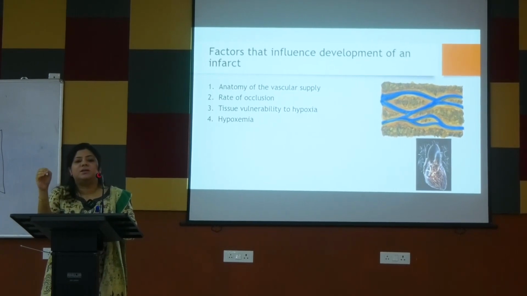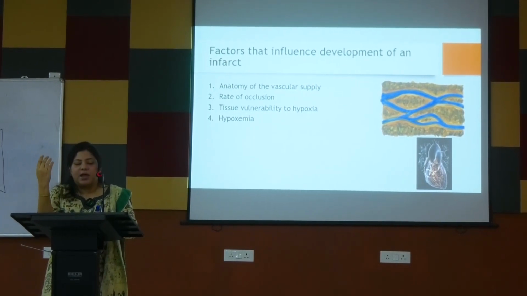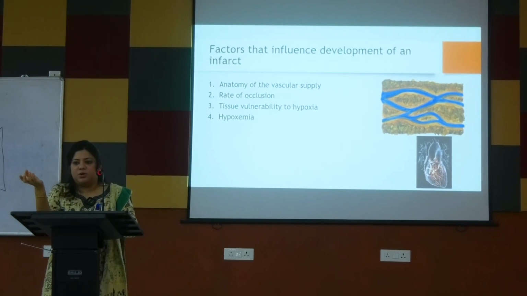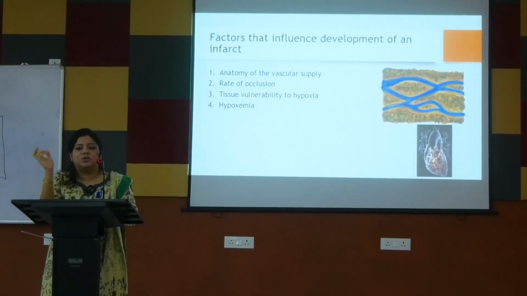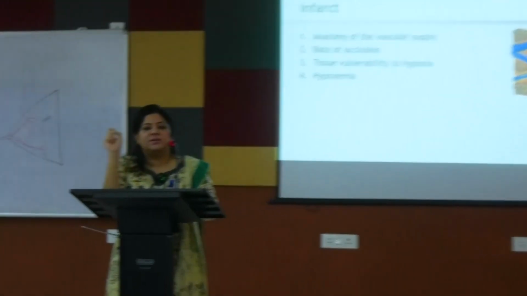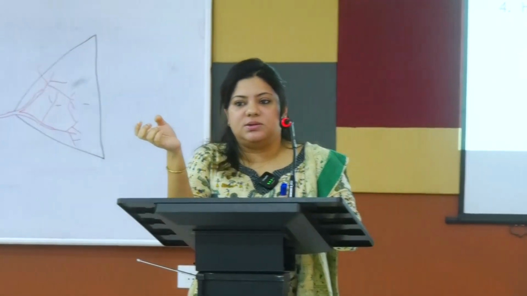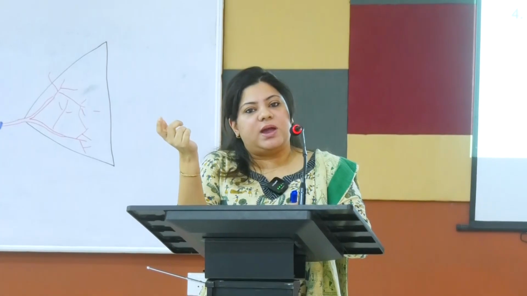So obviously this has an impact on the outcome, right? Because this tissue will not die off. It is not having complete ischemia. It is still getting blood from other areas. So if it is a place where there is a lot of anastomotic blood supply, then that area will not die.